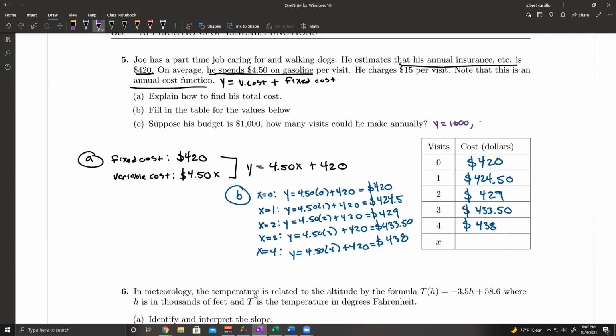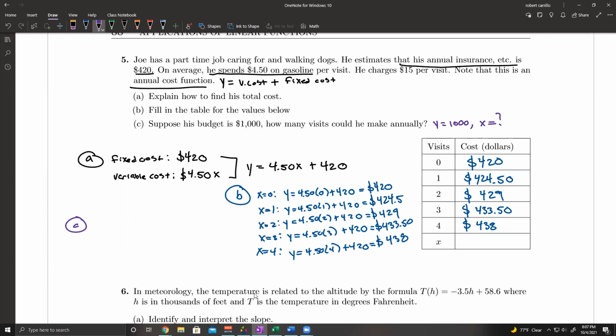Remember, X represents the amount of visits in this problem. So for C, we just have to plug in 1,000 for Y and solve for X.